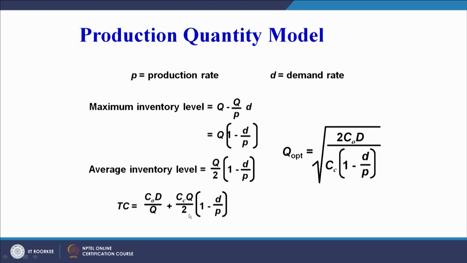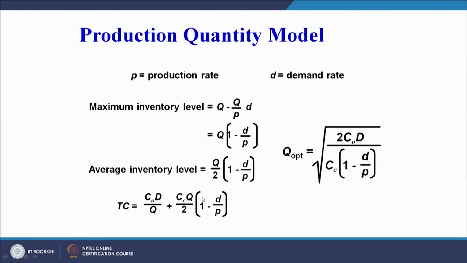So CO into D divided by Q is our ordering cost, and CC into Q by 2, that is the average value, into 1 minus D by P is the quantity which has been added because we are continuously receiving the consignment as well as using the material or the inventory.